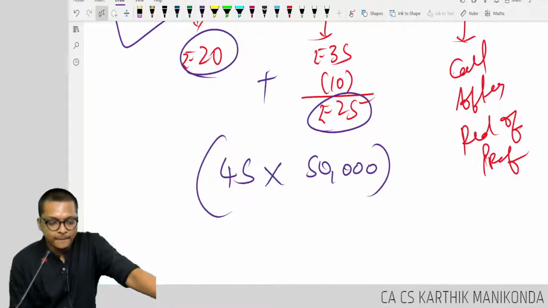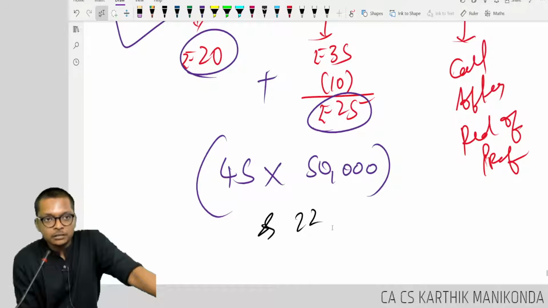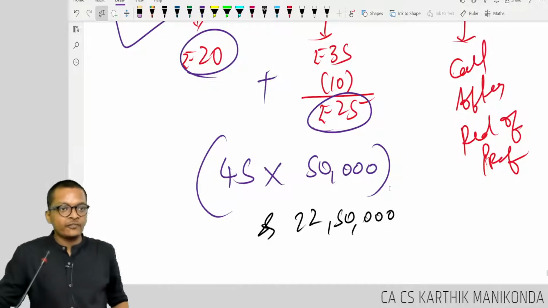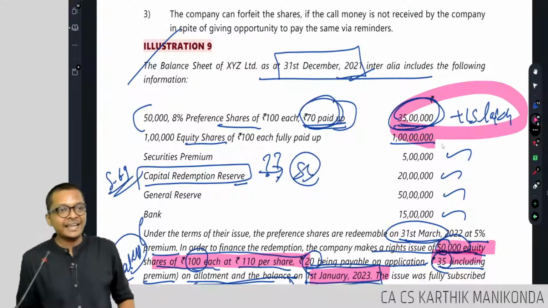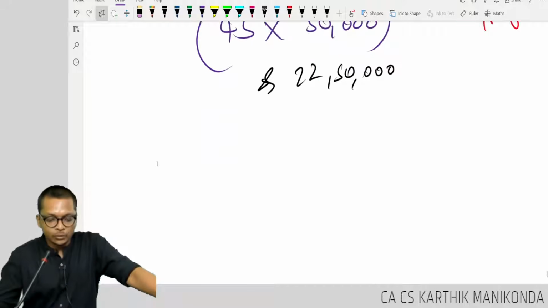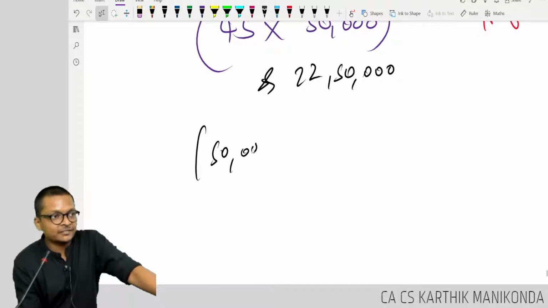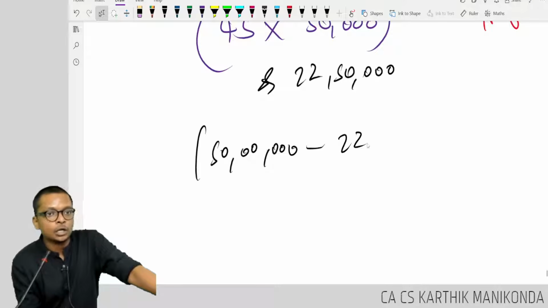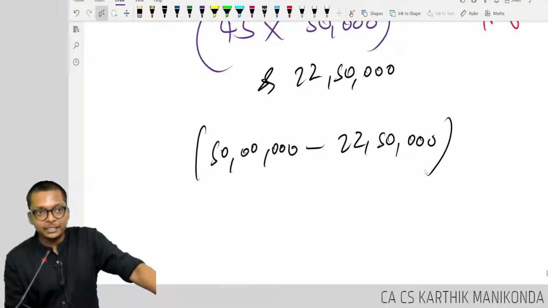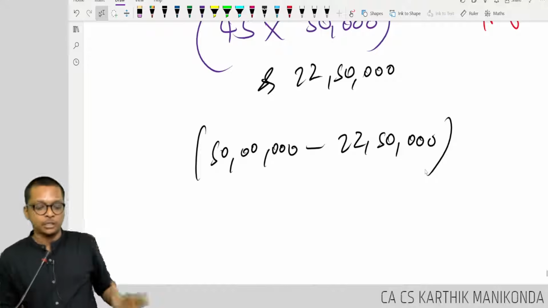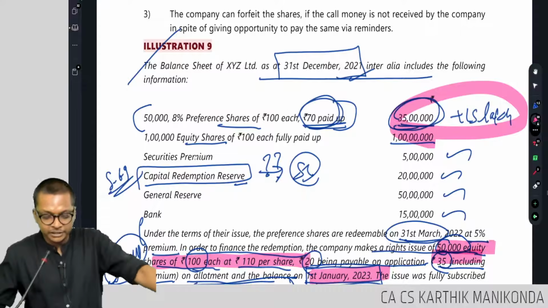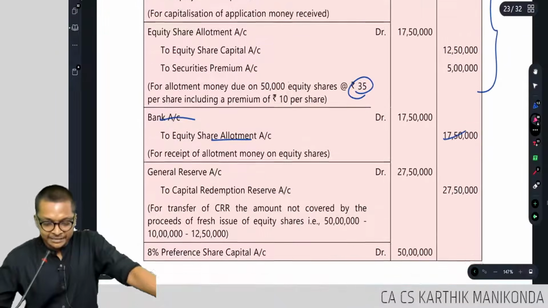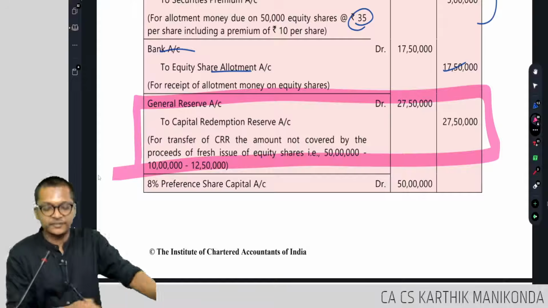How much is that coming to? 22 lakh 50,000 is the amount of fresh issue. What is the face value of preference shares redeemed? 50 lakhs, correct? So now 50 lakhs is the face value of preference shares minus 22 lakh 50,000 is the new issue on the date of redemption. So how much for CRR? 27 lakh 50,000. Check the answer. CRR 27 lakh 50. Understood?